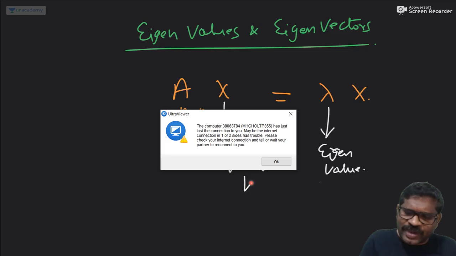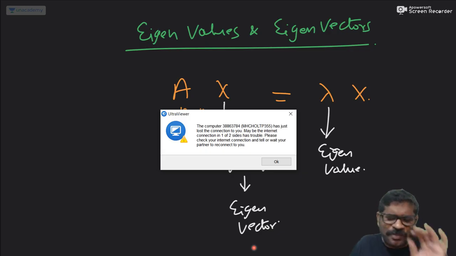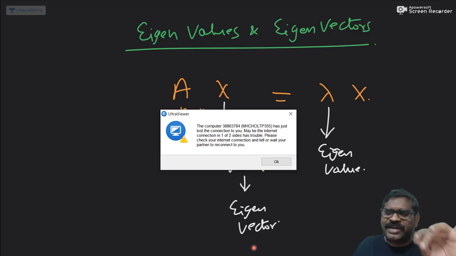This non-zero vector is nothing but eigenvector. Observe here. Please understand the concept. Ax equal to lambda x. Simple logic. A is a square matrix of order n. For every square matrix of order n, there exists a non-zero vector x such that Ax equal to lambda x. Then lambda is called eigenvalue of A and x is called the corresponding eigenvector.